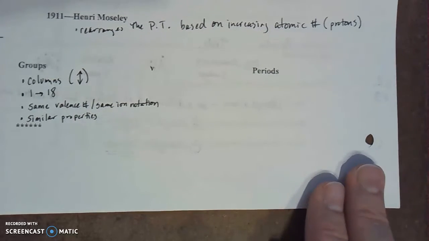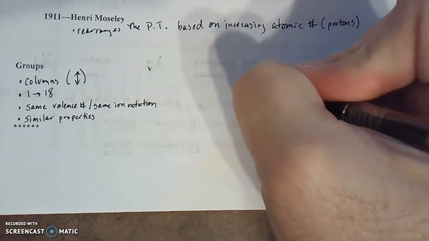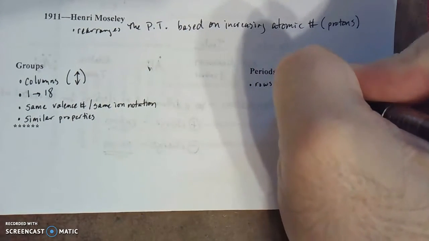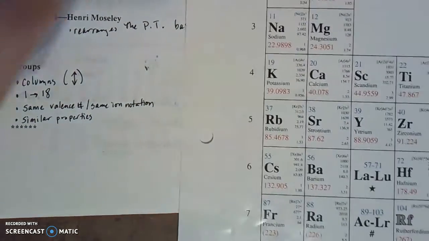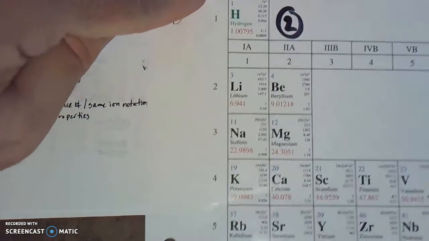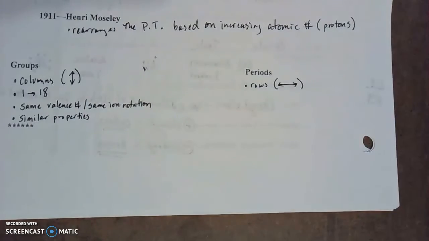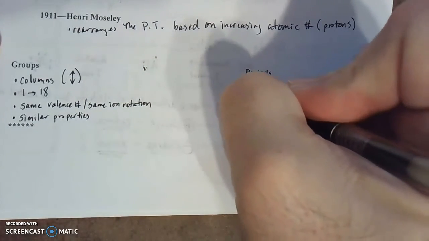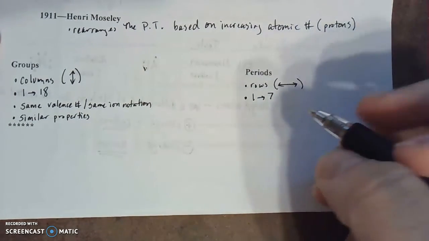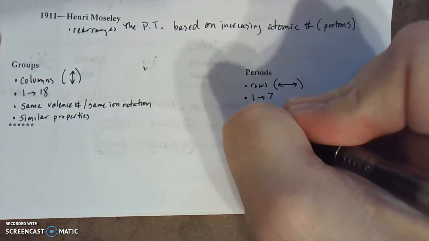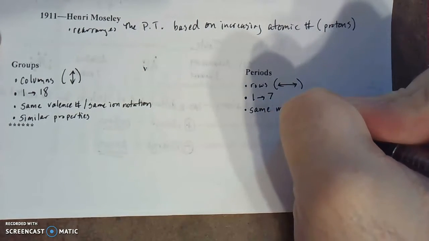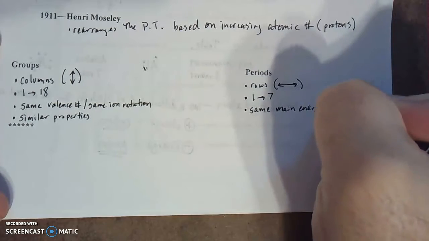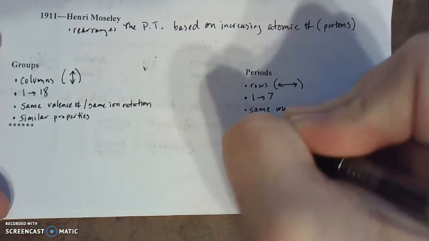Now a period are the rows, so we're talking across. So if we look, those are numbered from 1 down through 7. These have the same main energy level for electrons.